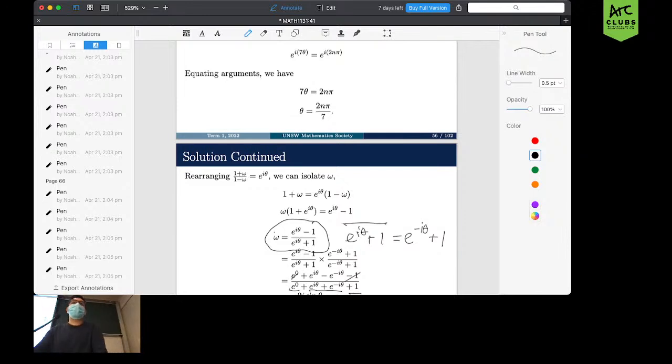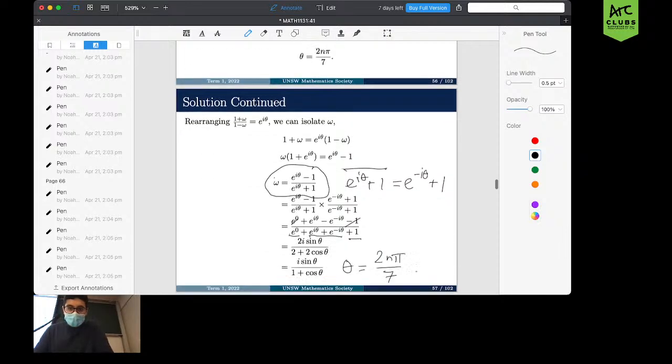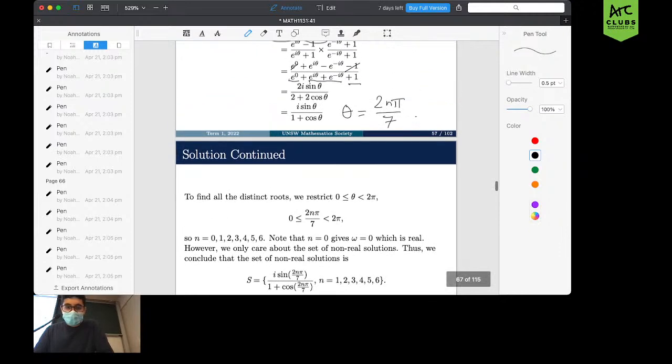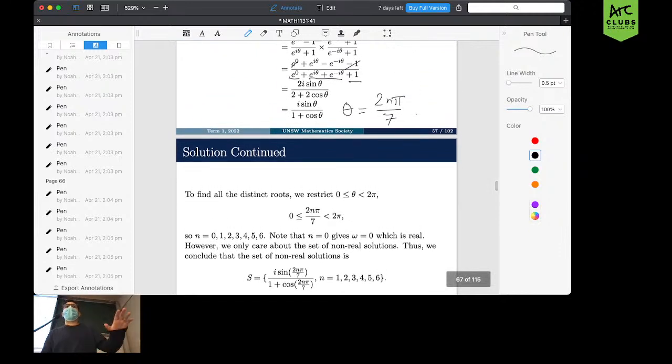So similar to the previous question, we're going to have to restrict theta so that it has 7 values at most. And the way we're going to restrict it is we want to cover all values from 0 to 2 pi so that our sine theta can be flexible across all its range, and our cos theta can also be flexible across its range.